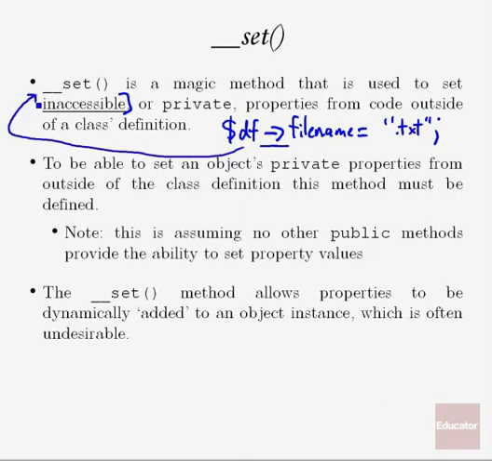The set magic method, by definition, takes two parameters: one is name and one is value. You can set them to whatever name you want, but that's essentially what they represent. Name is the name of the property that you want to set.